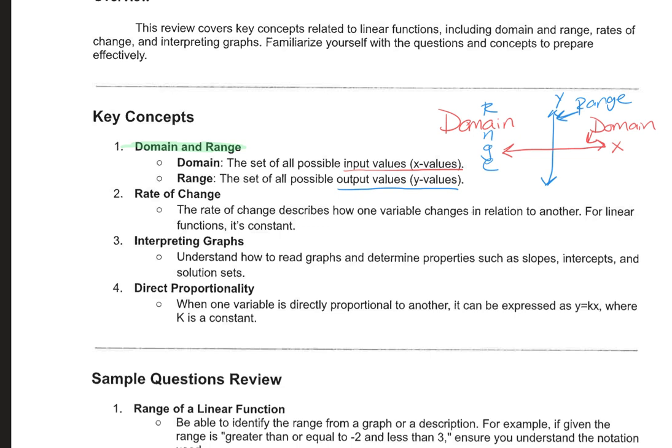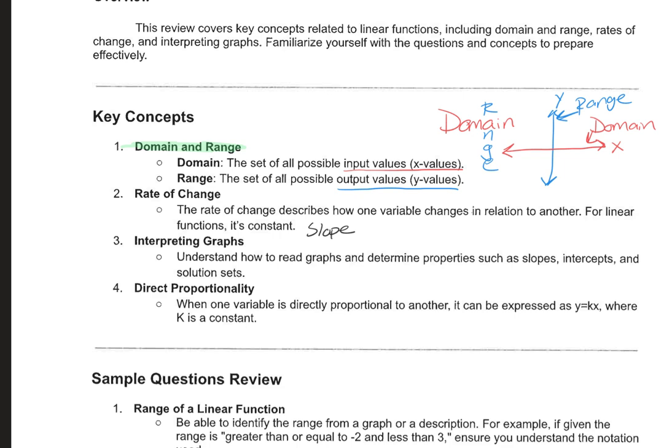Something else I want you to go ahead and review and look over is rate of change. So the rate of change describes how one variable changes in relationship to another. For linear functions, it's going to be constant. So rate of change. And I want you to remember that rate of change we could also call slope.